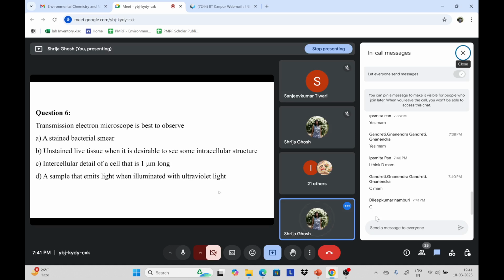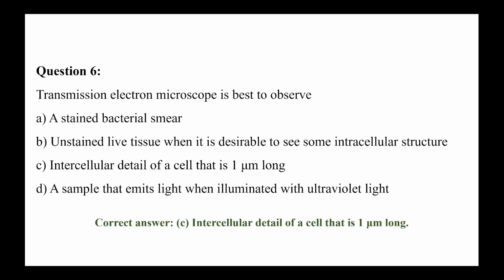Okay, we have two answers as option C, one as option D. Let's see the correct answer. The correct answer is option C, intercellular details of a cell.